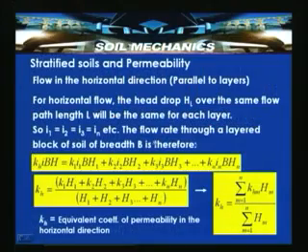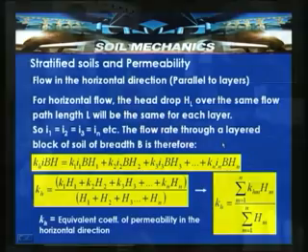So, consider the flow rate through a layered block of soil of breadth B. Assume that this permeameter has a breadth of B perpendicular to the plane of the figure.